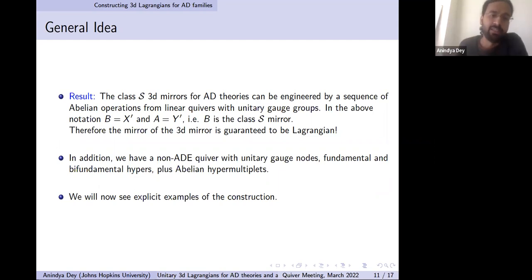So you can identify the theory B that I had with X prime and A with Y prime. B is the class S mirror. So you obtain the class S mirror by a series of abelian S-type operations from some linear quiver X. And by the theorem that we just proved about abelian S-type operations, you know that Y prime must be Lagrangian. So now we'll see some explicit examples of this construction. So let me pause here and take questions if there are any.